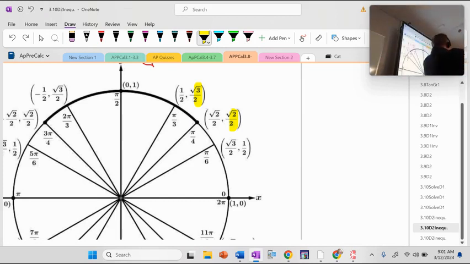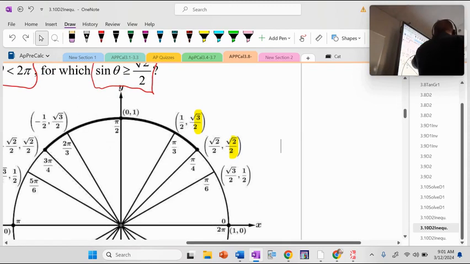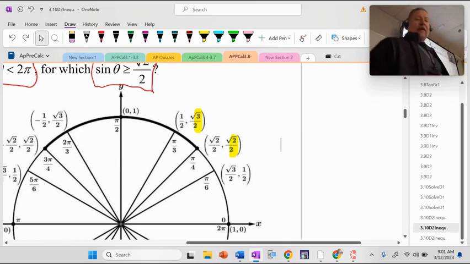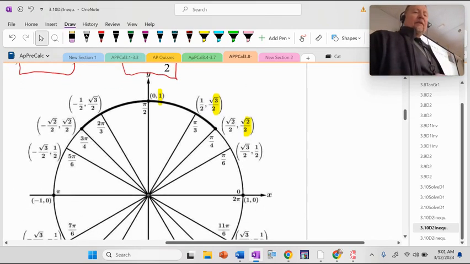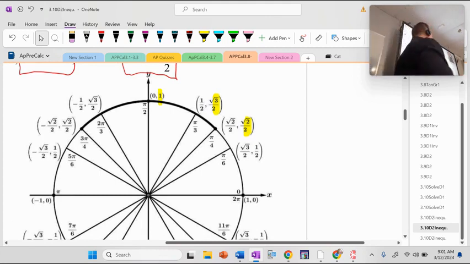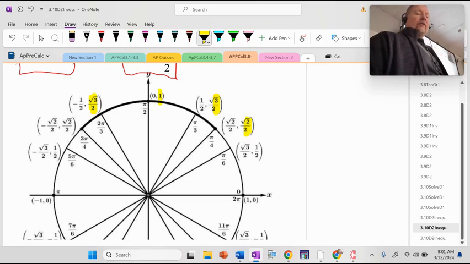And then root 3 over 2 for pi over 3. And then 1 for sine of pi over 2. So again, hammering that stuff down. That's why it's important to be in class and see all that stuff because everything builds and always have a plan. All right. And then this is still greater than, and then this is still equal to.